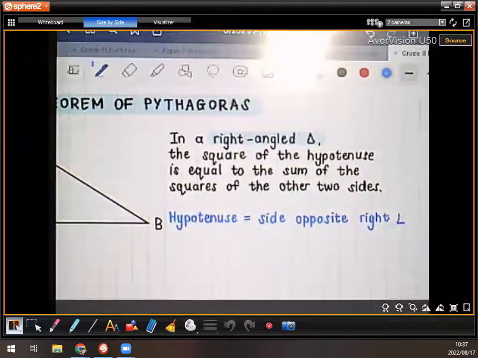Another thing about the hypotenuse is it will always be the longest side in a triangle. So we're going to write that as well.